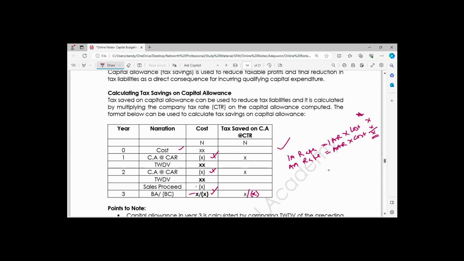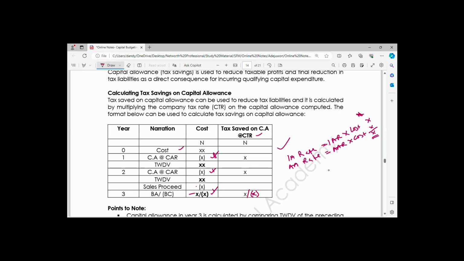All right. So in most cases, I will advise you to use tax saved on capital allowance because the format I'm going to give to you, what you have there is the tax saved on capital allowance. Therefore, if I want to use tax saved on capital allowance to reduce my tax liability, I need to multiply the company tax rates on the capital allowance I've computed for each year.